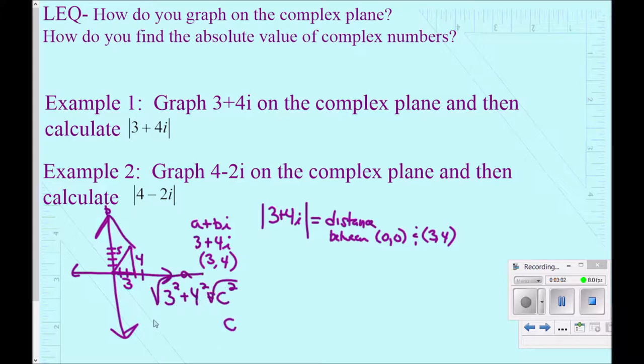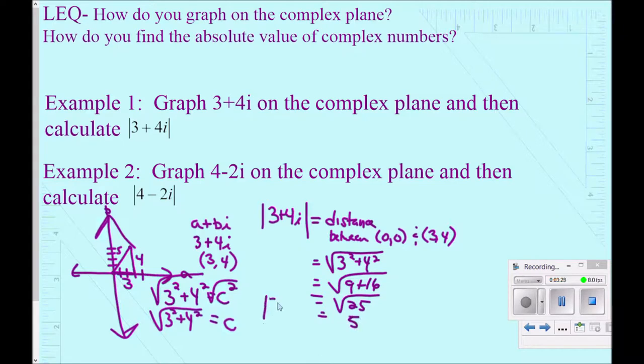So the square root of 3 squared plus 4 squared is equal to c. So that's how we find the absolute value of 3 plus 4i. We're going to take the square root of 3 squared plus 4 squared. So that's the square root of 9 plus 16, which is the square root of 25, which we already knew a moment ago is 5.